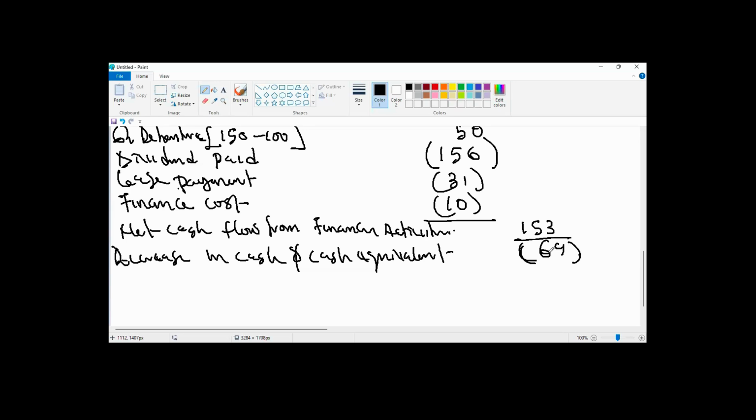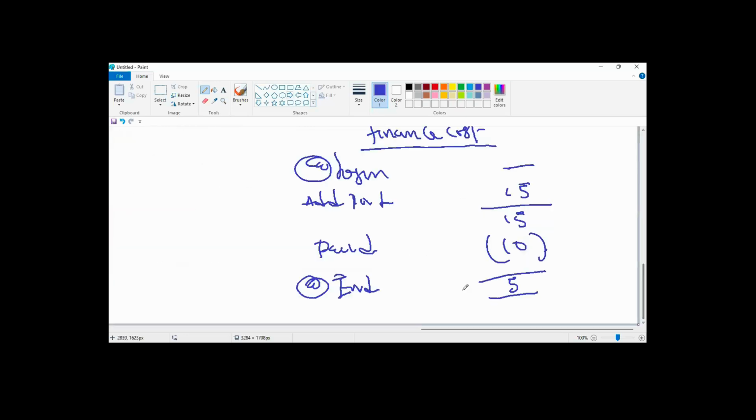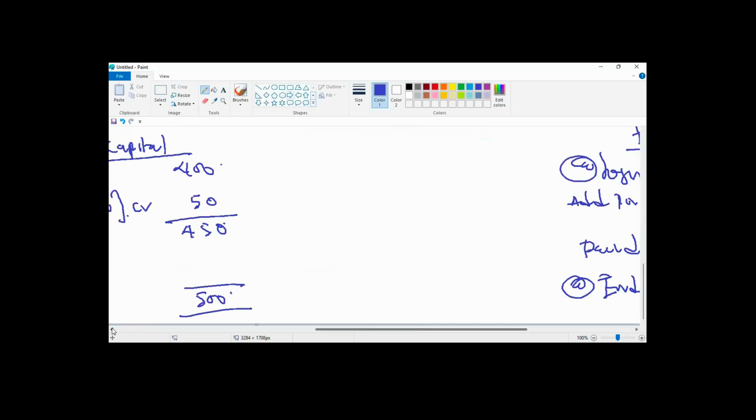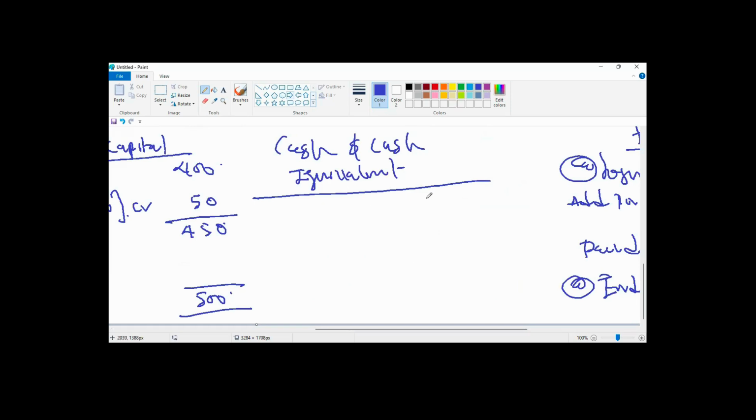Then we'll go to the cash at the beginning. Let me know my cash and cash equivalents at the beginning and at the end. Cash at the beginning, 117, for 2007 and 2008.